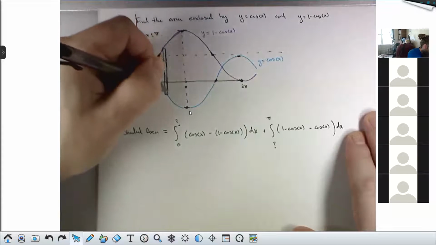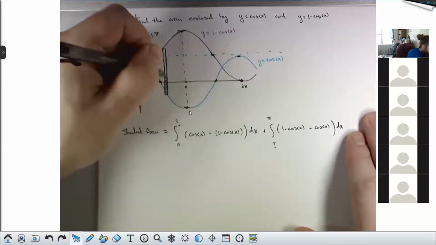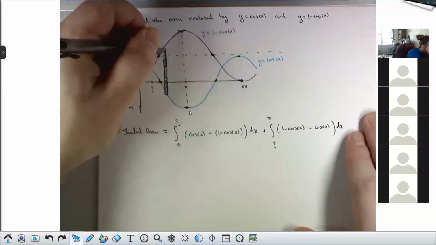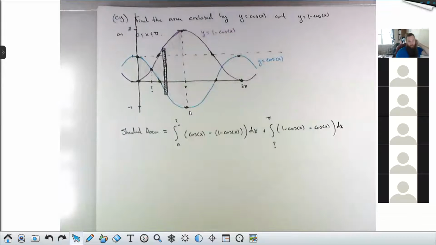Doesn't have to be perfect. So you see that in the second region, the height of that strip is given by the purple minus the blue. That's why this second integral is 1 minus cos x minus cos x, purple minus blue. How do I find the question mark? This is the bit of information that I need in order to proceed. How do I find this guy?